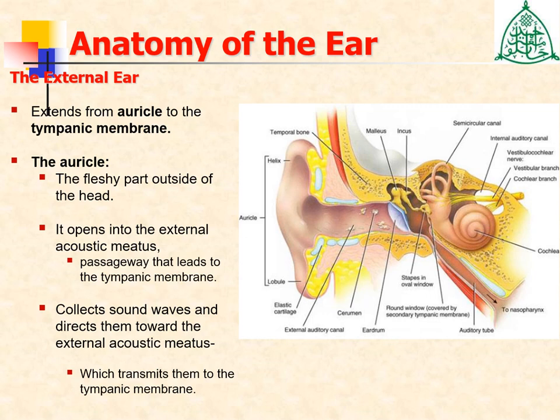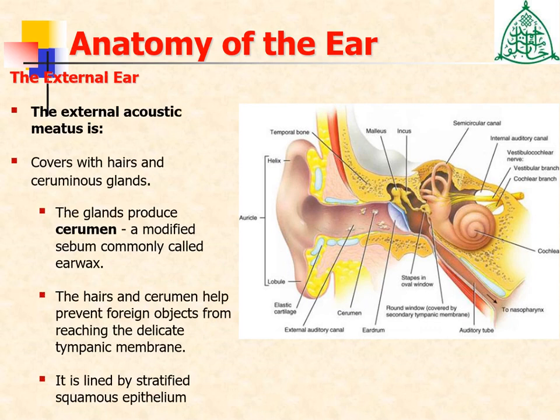The external acoustic meatus serves as a passageway that leads to the tympanic membrane. Functionally, the auricle collects sound waves and directs them toward the external acoustic meatus, and these sound waves are then transmitted to the tympanic membrane.